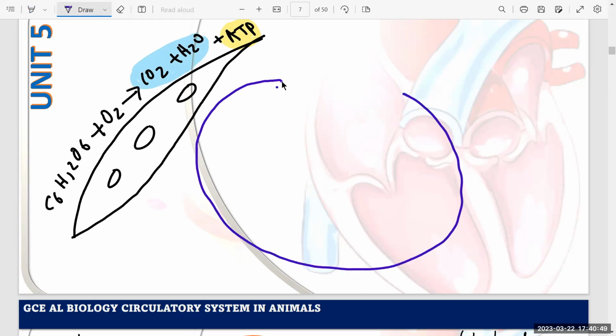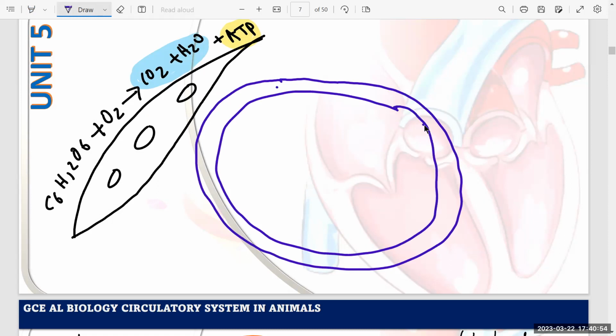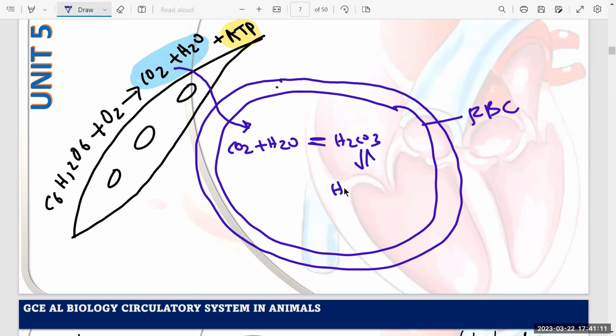To remove carbon dioxide, inside the capillary, this is a red blood cell. The carbon dioxide diffuses into the red blood cell, and then carbon dioxide combines with water to form carbonic acid, which dissociates into hydrogen ion and bicarbonate ion.